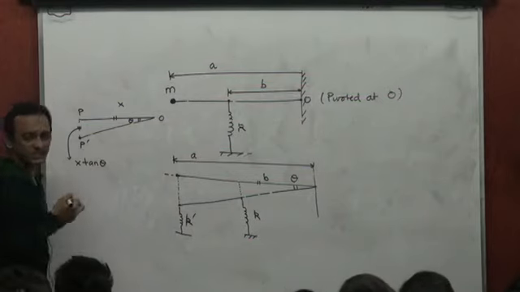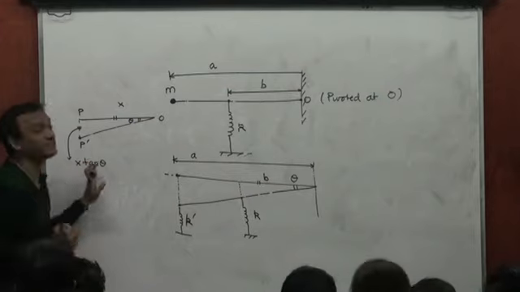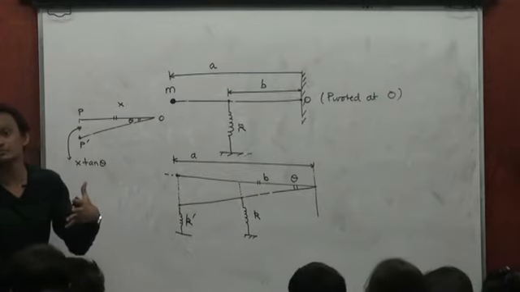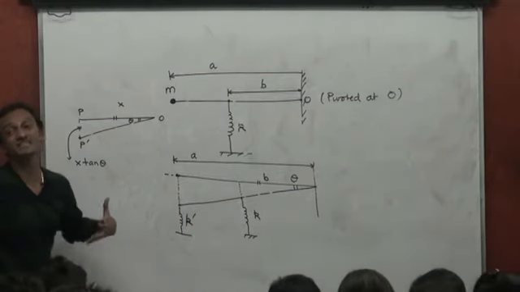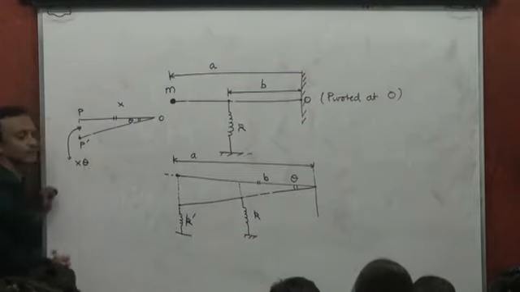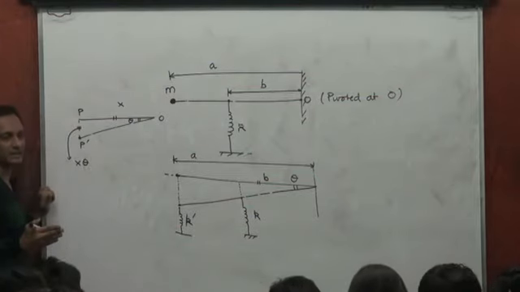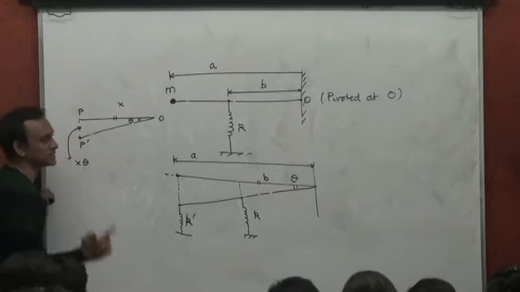But when theta is small, tan theta is approximately equal to theta, right? So tan theta is to be replaced by theta in the event theta is very small and is in radian.